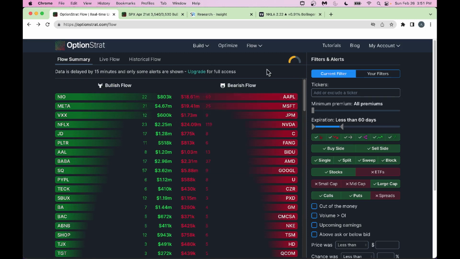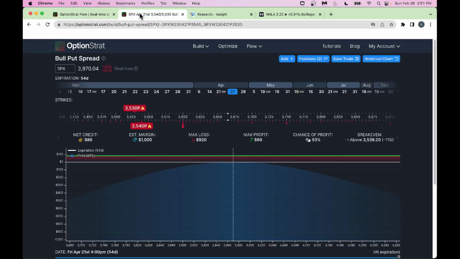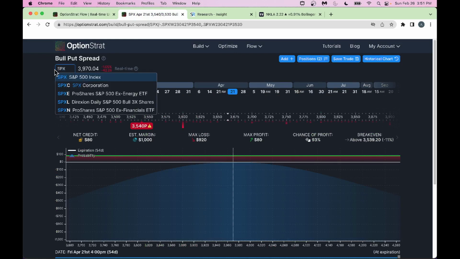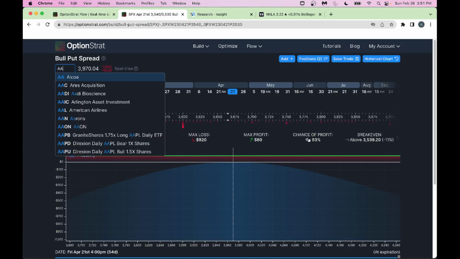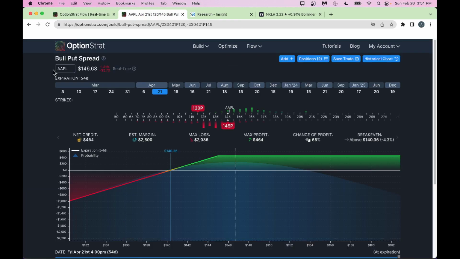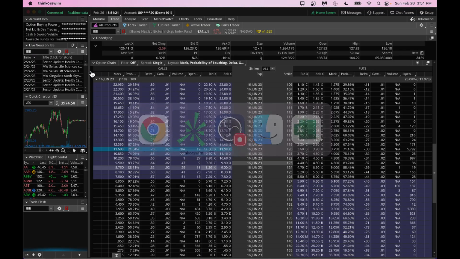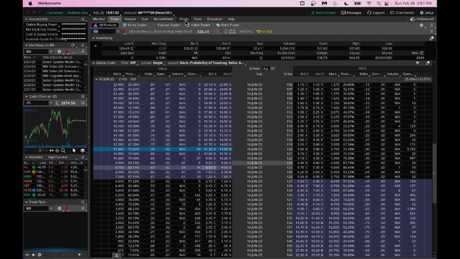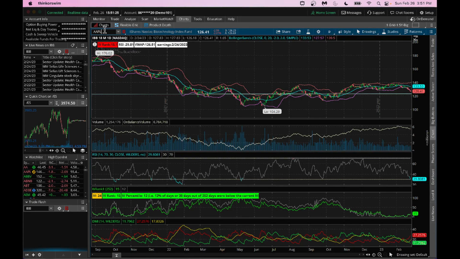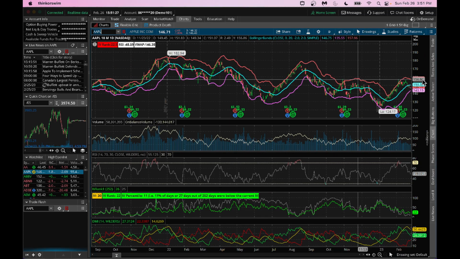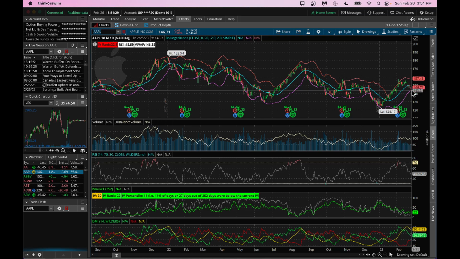Let's start with Apple. You could go to this platform here and just say Apple here. All right, so look, Apple is at 146 right now. I would go into the Thinkorswim platform here, bring up Apple. All right, Apple, look, stock is coming down, as you can see here.